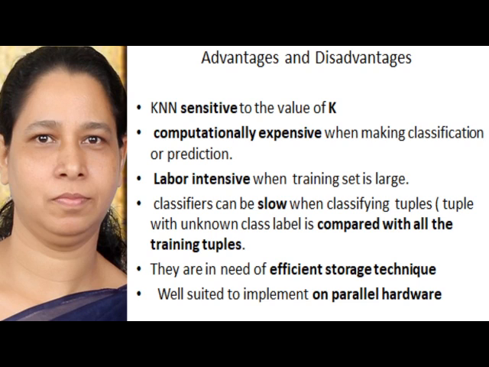To identify k nearest neighbors, the given test tuple is compared with all the training tuples. Hence, classifiers can be slow when classifying tuples. They are in need of efficient storage techniques and well suited to implement on parallel hardware.